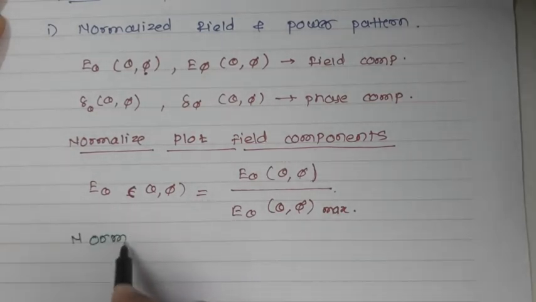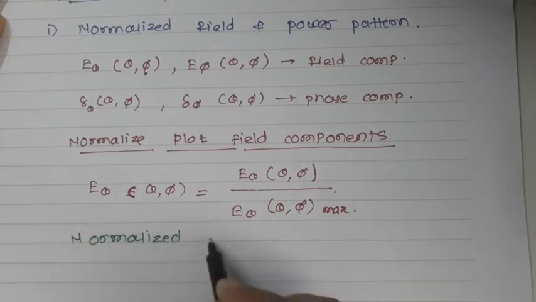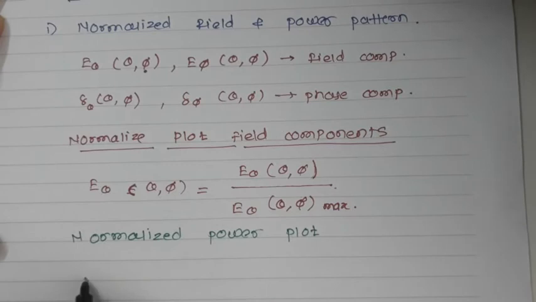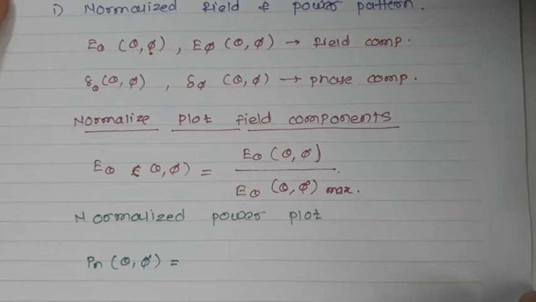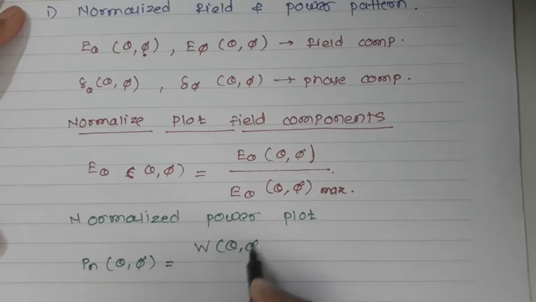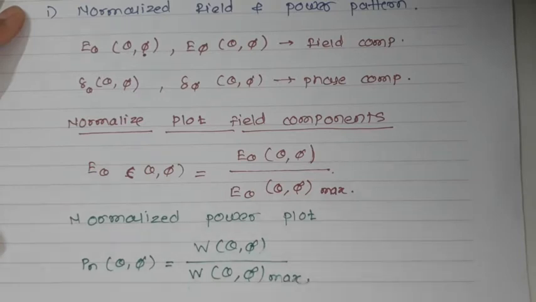The normalized power plot can be W n (theta, phi), as we have already seen, this is the power which is a function of theta and phi. So W (theta, phi), the power density, divided by the maximum power density of that particular antenna. Here you get the normalized power.